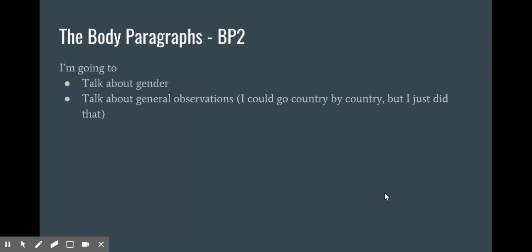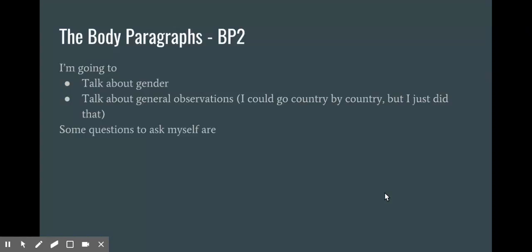I am going to use some numbers here because you want to make sure that you use numbers in both your first body paragraph and your second body paragraph. But I'm also going to make some general observations. And so this is when we can talk about those non-data observations that I was talking about before. This is where I put some of mine. Like I said, if you want to put yours earlier, you can. This just makes sense to me. And so you want to do what makes the most sense to you.